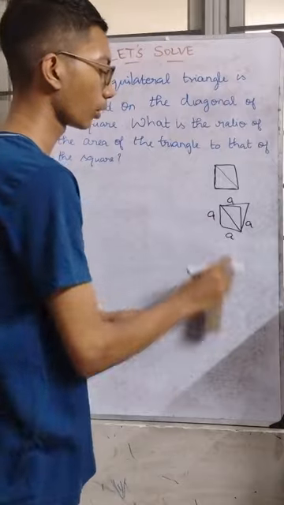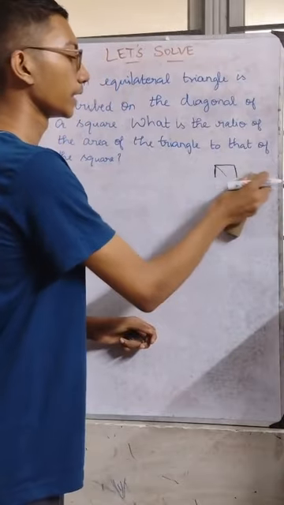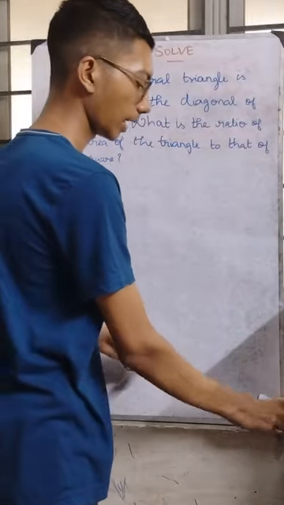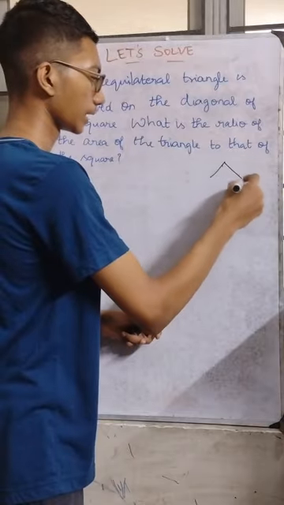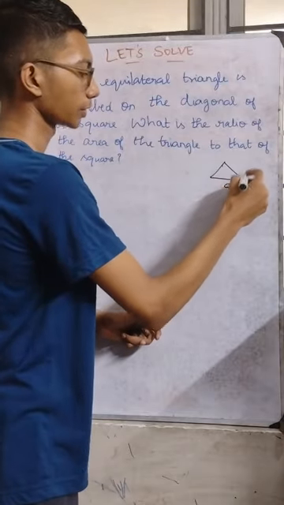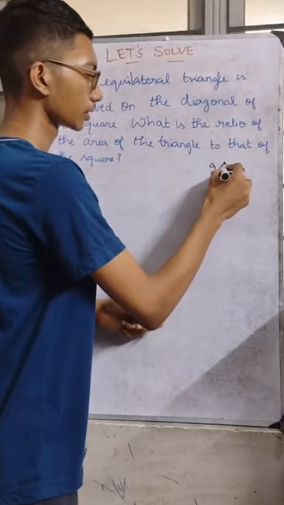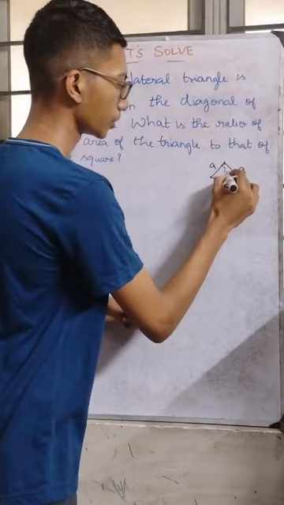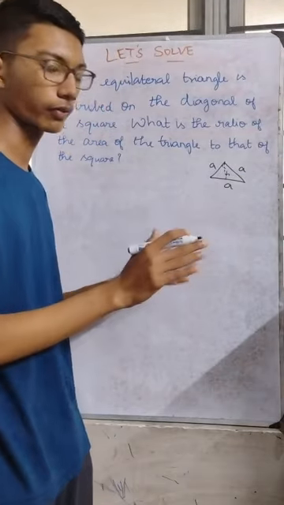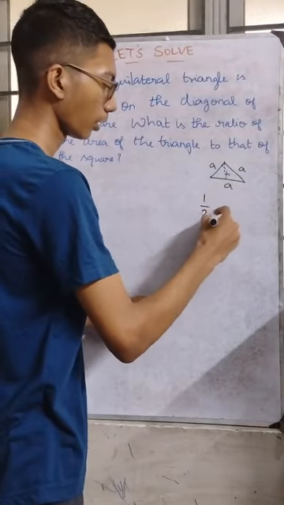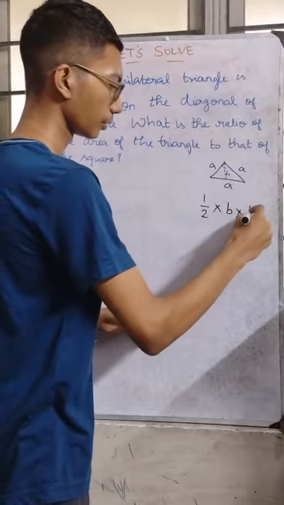First we need to know what the area of an equilateral triangle is, so we will derive that first. Let's say this is an equilateral triangle, so all of its sides have length A. This is its height h, and we know the area of a general triangle is half into base into height.